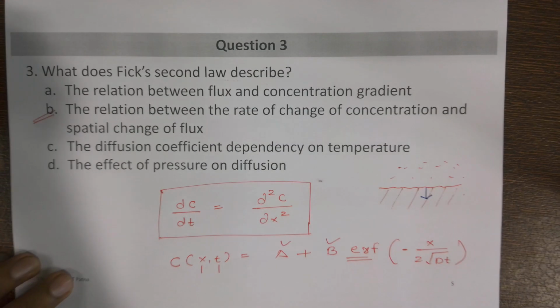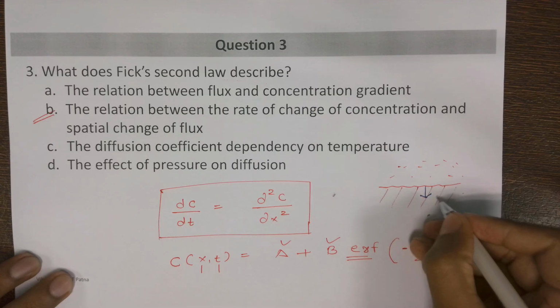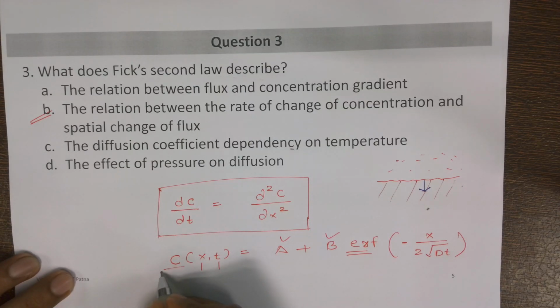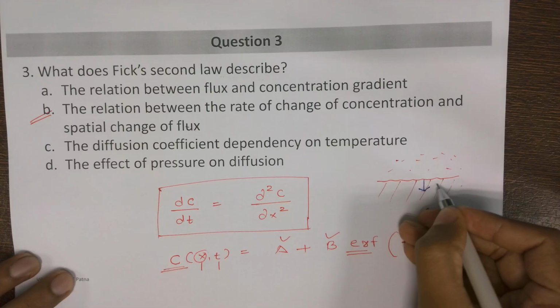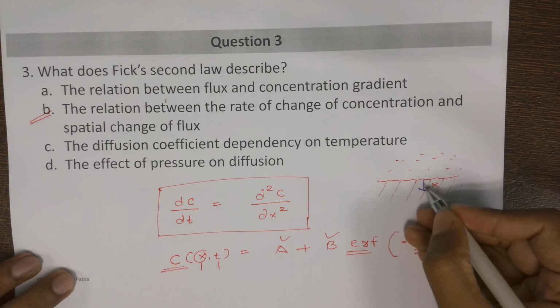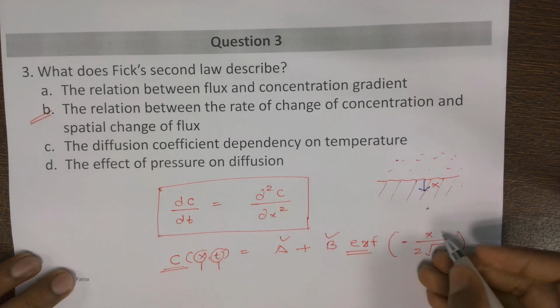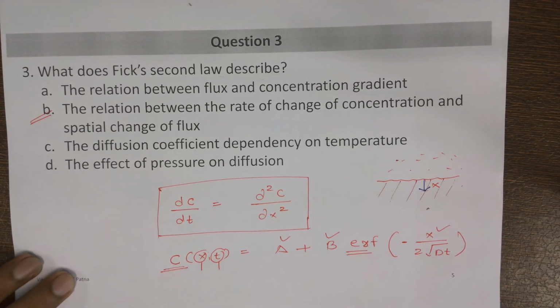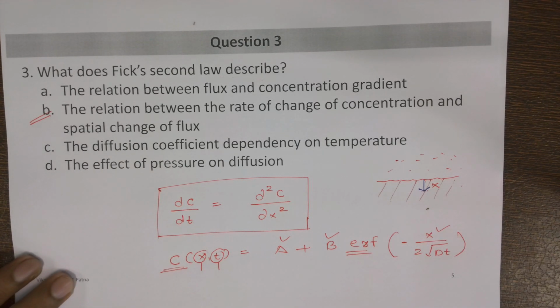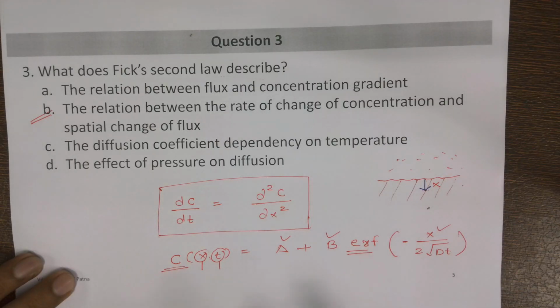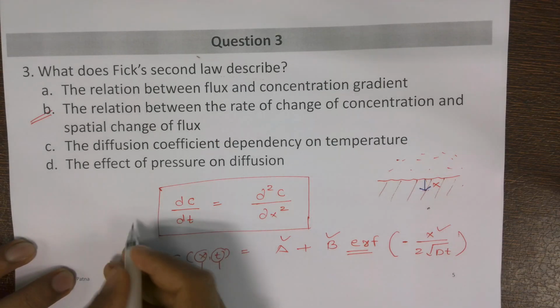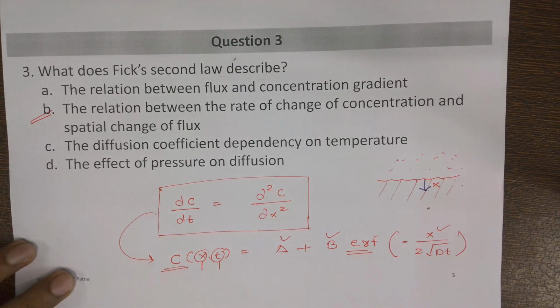The concentration of carbon as a function of space, that is the distance or depth, and as a function of time, can be given by this x upon 2 root Dt. So this is something which we will remember, like the solution of this is given as this.